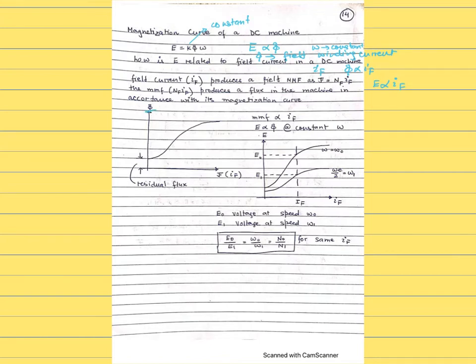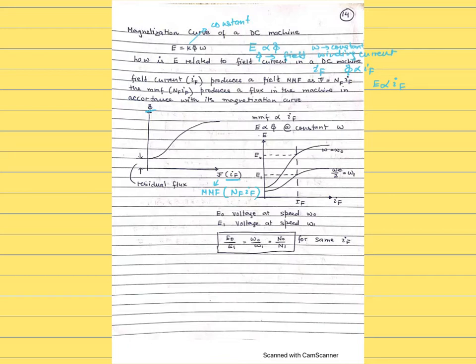On this graph, you can see the field produced depends on the current. That's the MMF, which is given by NF IF, the number of turns in the field winding and the current flowing through the field winding. MMF produces the magnetic field.